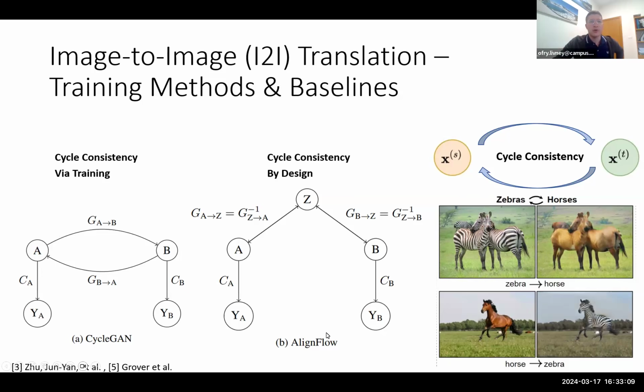A later paper called InstaFlow upgraded this notion of cycle consistency to the architecture, and it did so by performing this image-to-image translation using a normalizing flows architecture, which, as we learned, is invertible by design. And this meant that we could go from A to B and back just by the invertibility of the architecture.